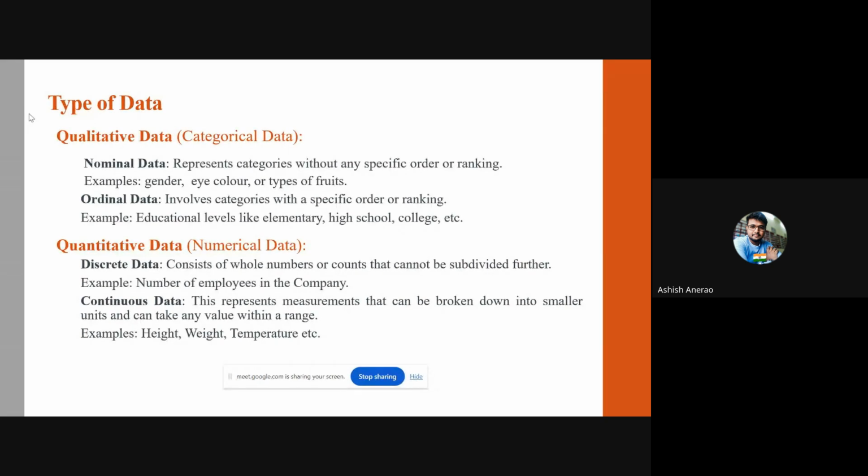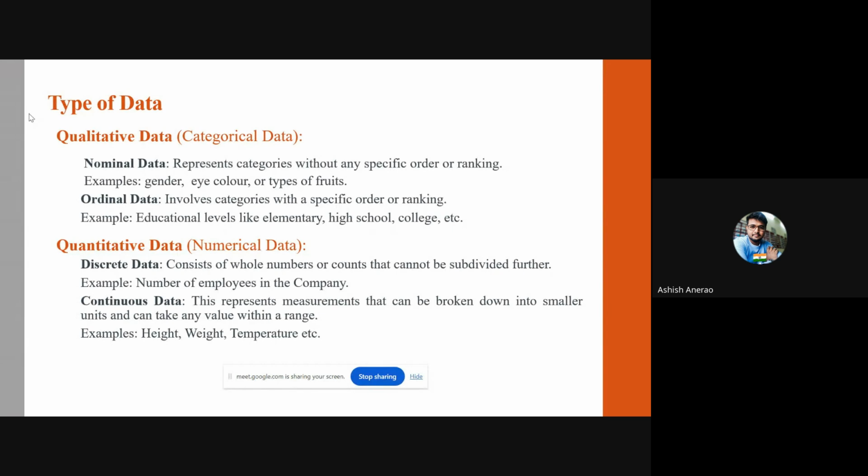Nominal data does not have any specific ranking or order, like gender of a person, different types of fruits, or different types of colors. This type of data comes under nominal data.